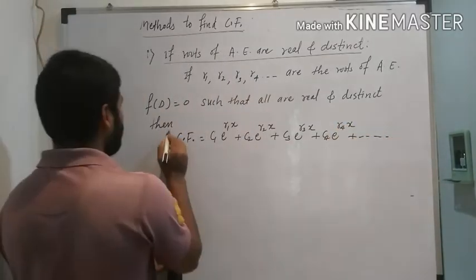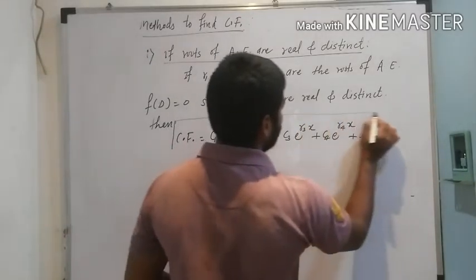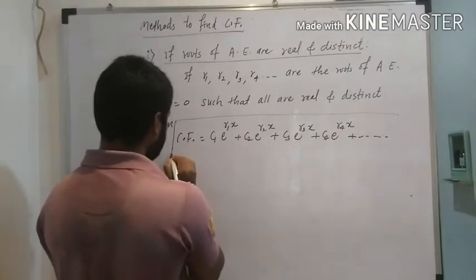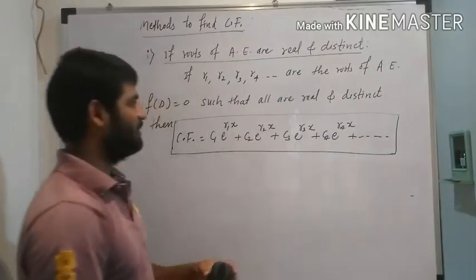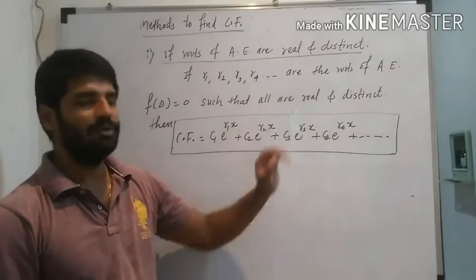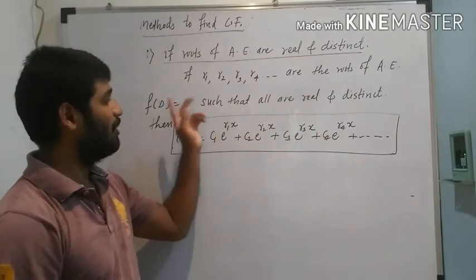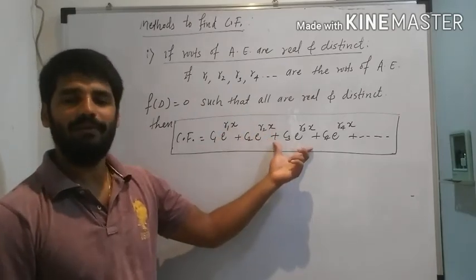Like that we have to write the complementary function where the roots of the auxiliary equation are real and distinct. C1, C2, C3, C4 are the constants, and r1, r2, r3, r4 are the roots of the auxiliary equation, all real and distinct. Only then we write this complementary function.